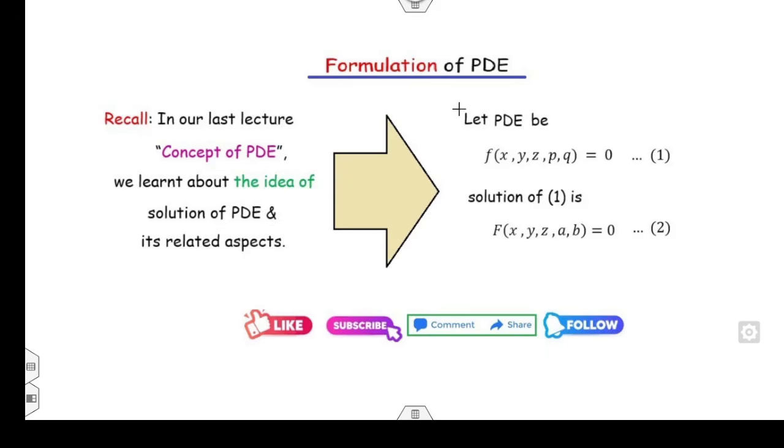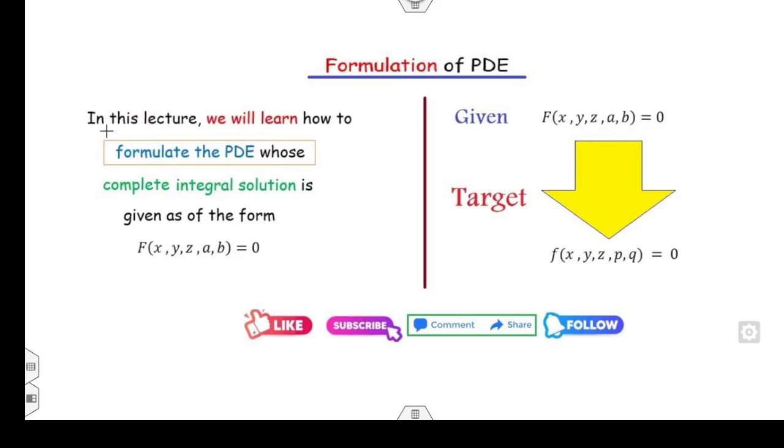What we have discussed so far, we have defined the concept of the partial differential equations and its solution. Now, today's lecture is how we can formulate the partial differential equations when the solution is given to you. Make sure, students, the solution, capital F, is my solution of the partial differential equation, and that is given to you.